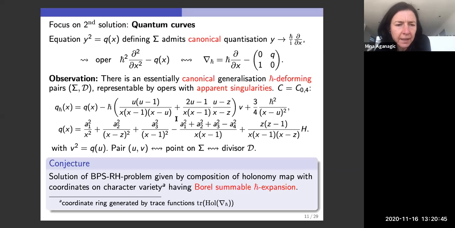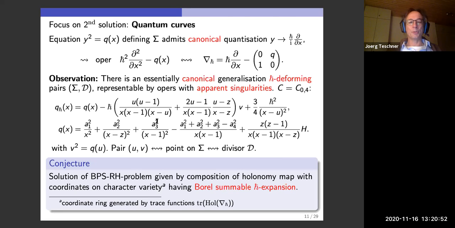Okay, so what I'm simply saying here is that the quantum curve only knows about points on the base. And there is a very natural way to create a modification of the quantum curve, which is parametrized by the points in the torus fibration, in the total space.